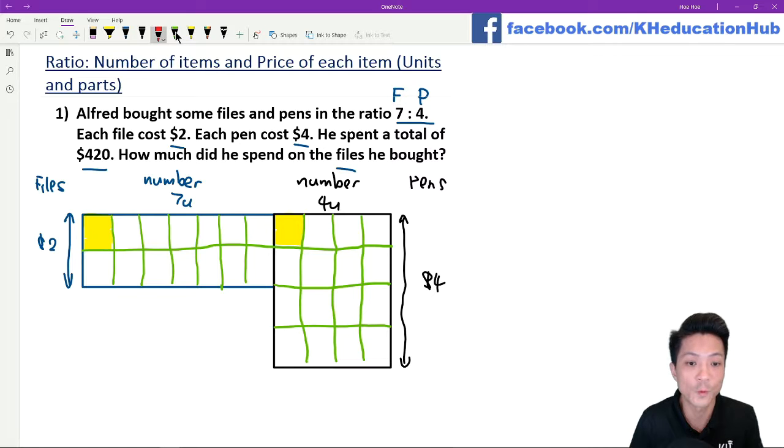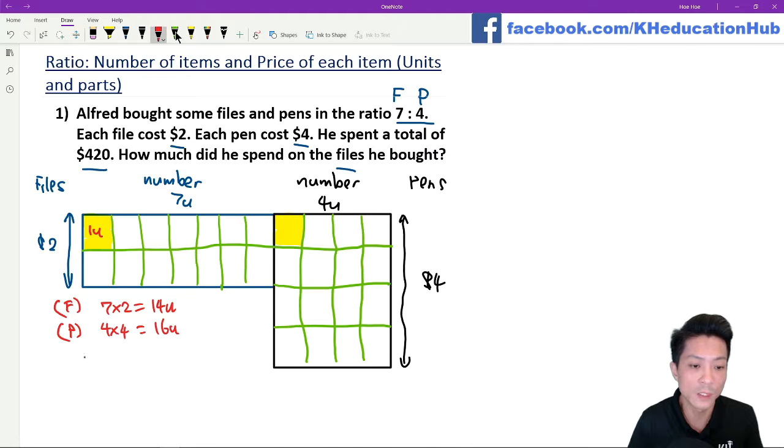Now, if we were to count the total number of units, we can let this be equal to 1 unit. For the files, there will be 7 times 2, 14 units, right? And for the pen, it will be 4 times 4, 16 units.